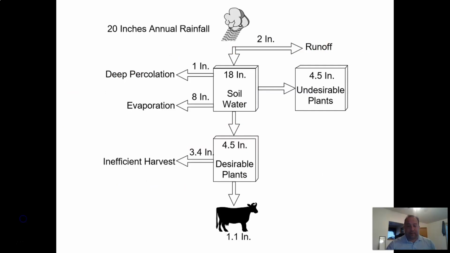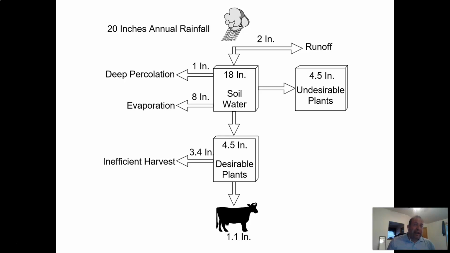Here's another graphical way to look at it. Let's say we get 20 inches of rainfall to start out with. We'll lose a couple inches to runoff. Then that means we got 18 inches getting into our soil and being able to be used. Well, we might lose like 5 inches of that to undesirable plants.